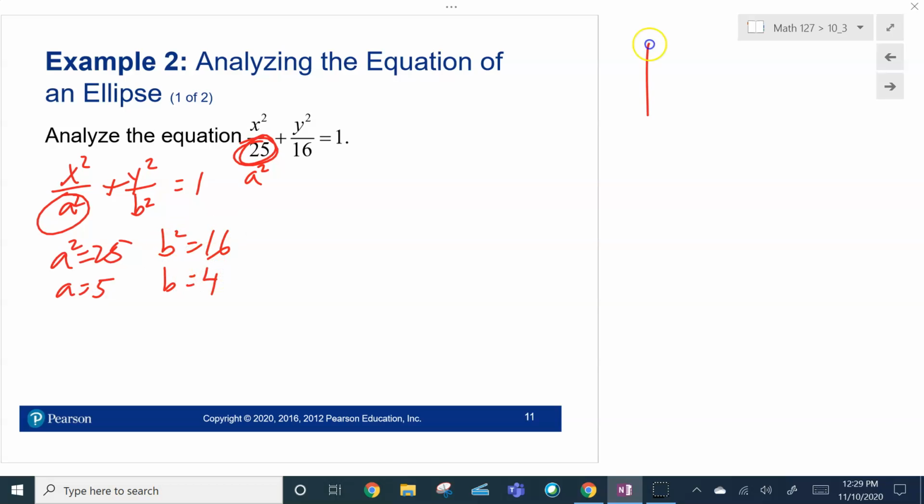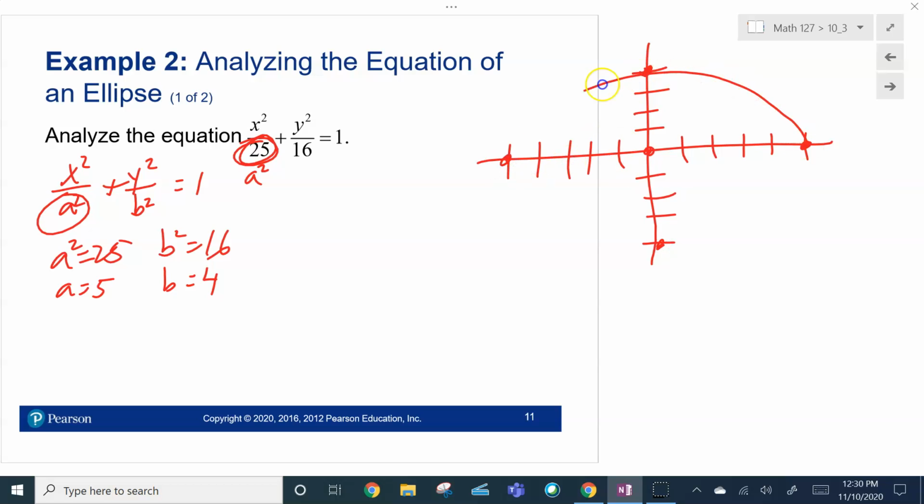Let's see if I can start drawing this thing. Center's at (0, 0), a is 5, and it's elongated horizontally. b is 4, so my co-vertices are right up there, (0, 4) and (0, negative 4).